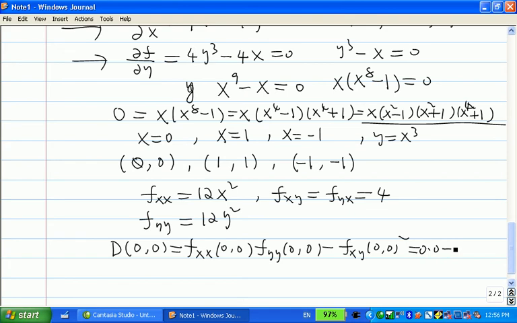Minus fxy squared, 4 squared gives you 16, which is negative. That means what? By the second derivative test, (0,0) at this point is a saddle point.